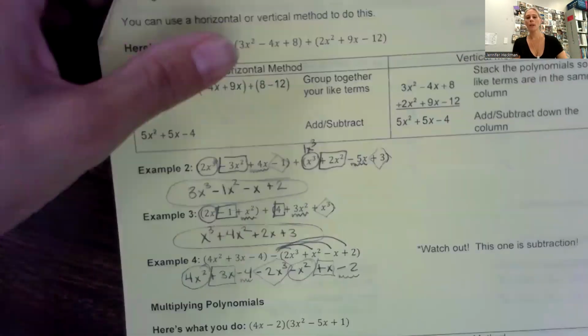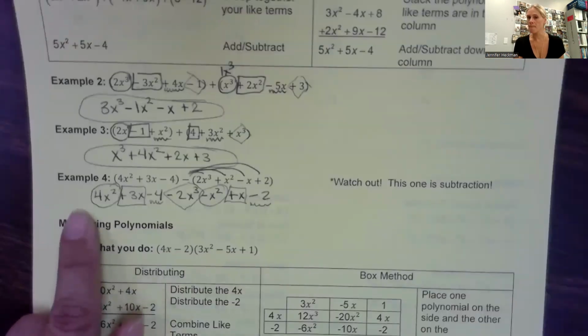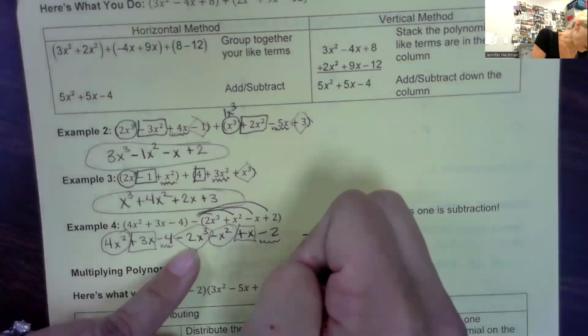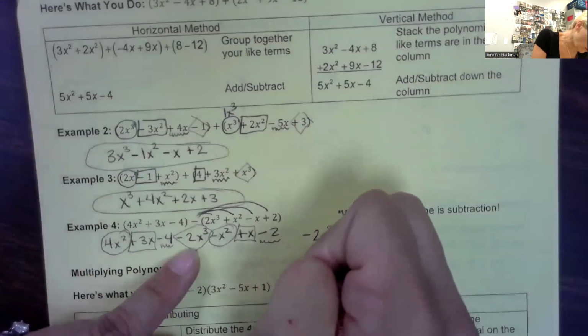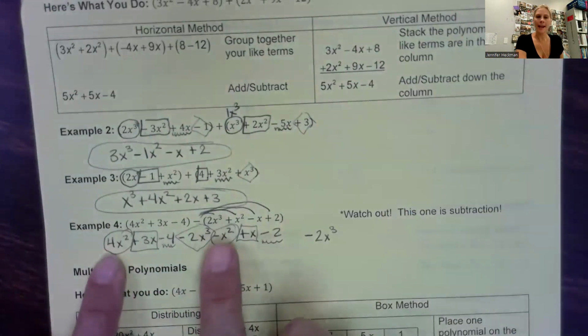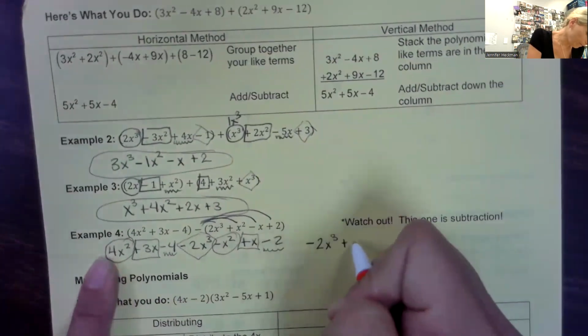Okay, remember, standard form, highest exponent for this example is what? X cubed. It's a negative x cubed. Let's look at our x squareds. We have 4 here and a -1 here, right? -1. Write it in if you have to. 4 and -1 is 3.